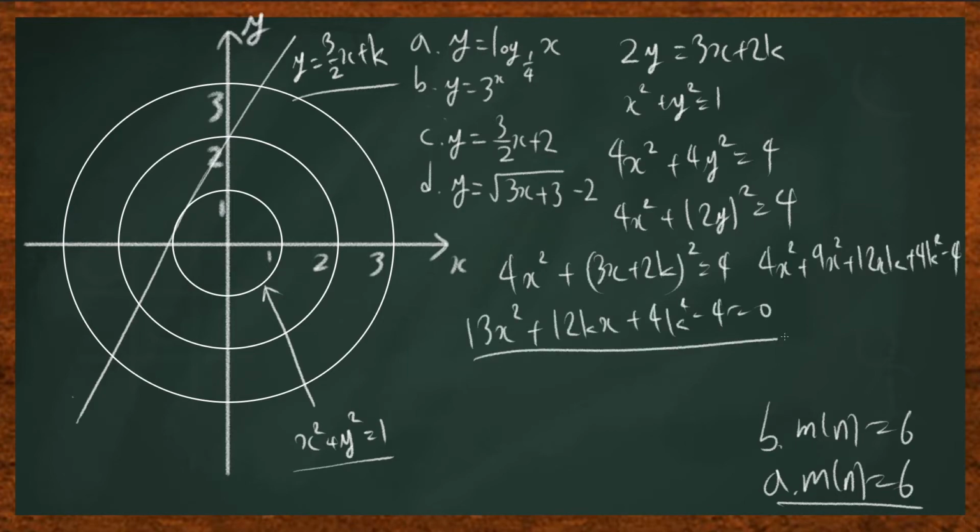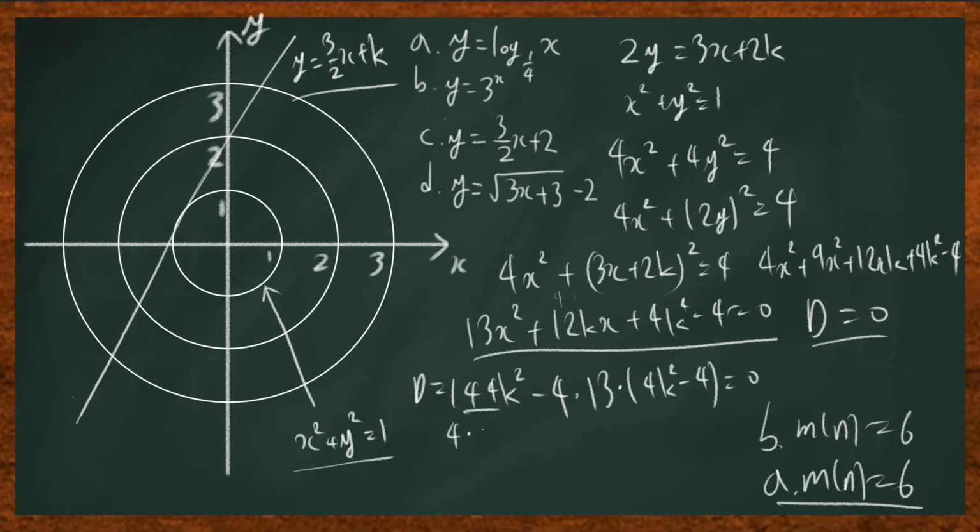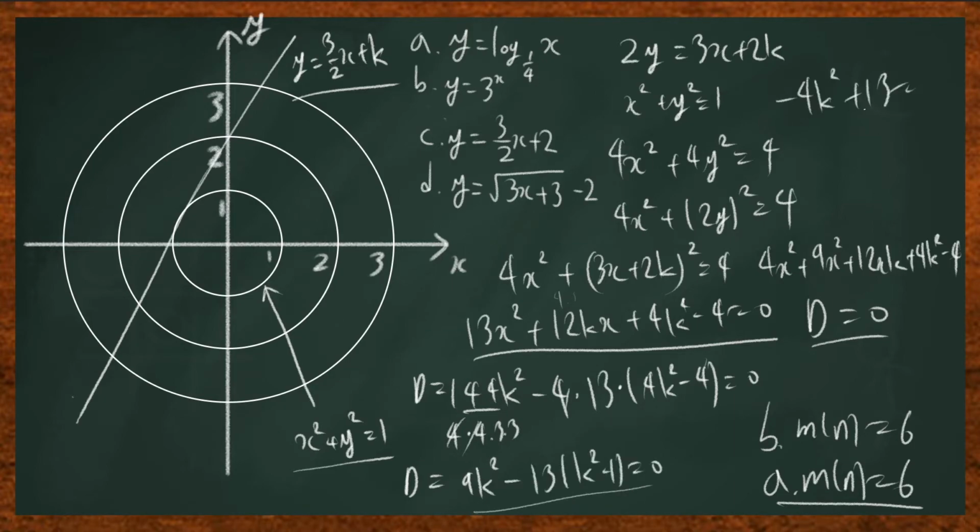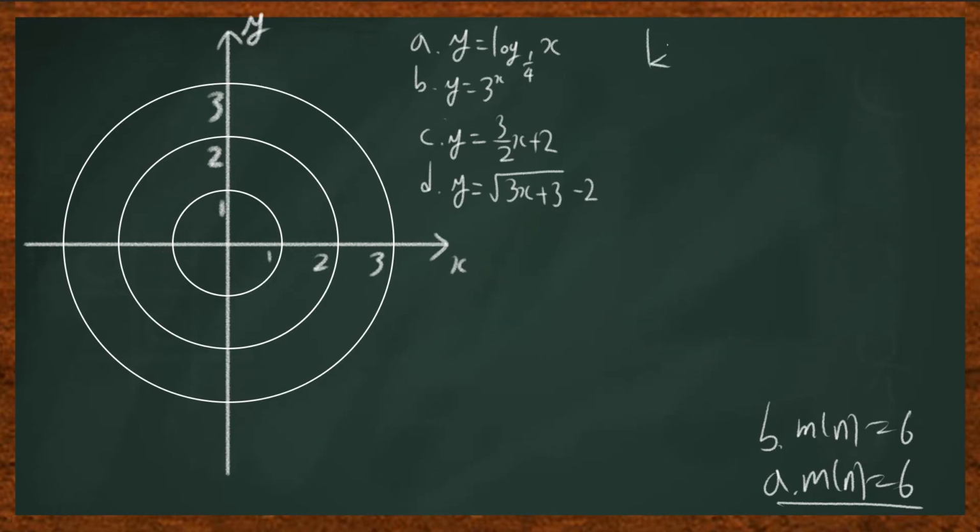Because this line and this circle are tangent, the discriminant of this quadratic function is equal to 0. So let's put in the values for the discriminant, and it will be shown like this. And if you calculate it, it will be shown like this. Because of that, 4k squared is equal to 13, which means k squared is equal to 13/4, which means k is equal to plus or minus square root of 13 over 2.